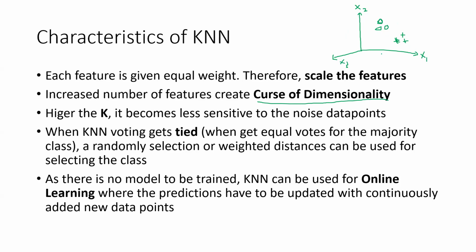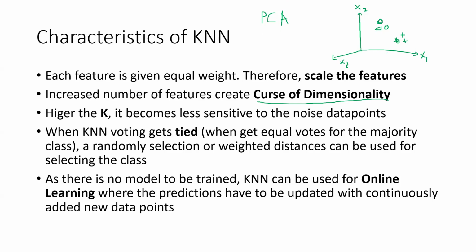In that kind of situation, you may be able to use a dimensionality reduction technique known as principal component analysis. We are not going to discuss it in this module, but you may learn it in another module.